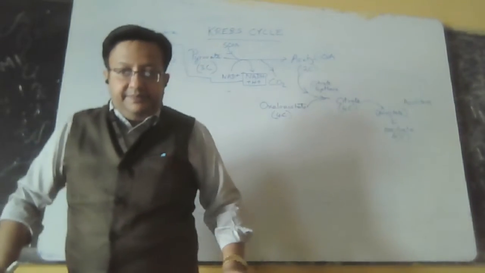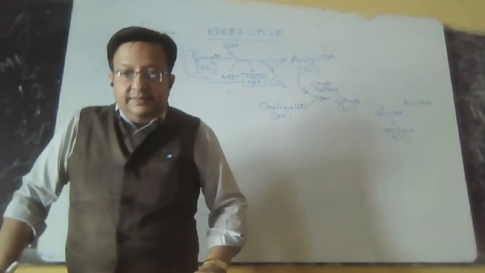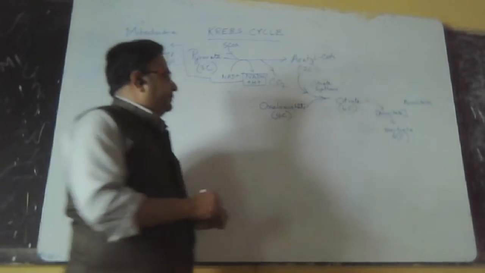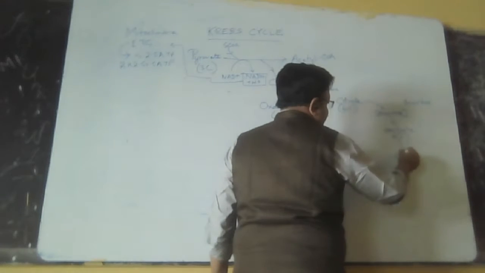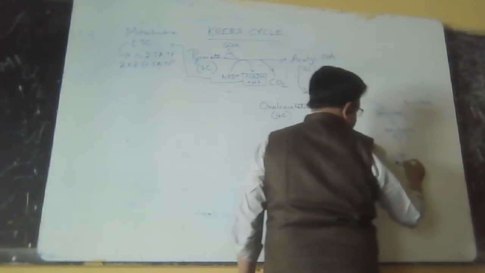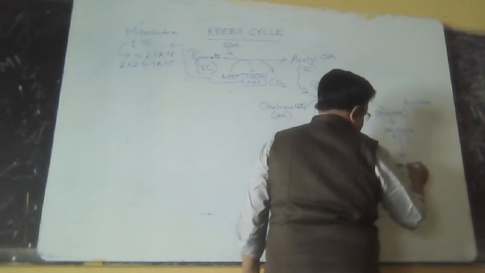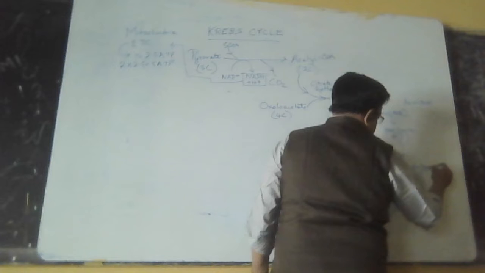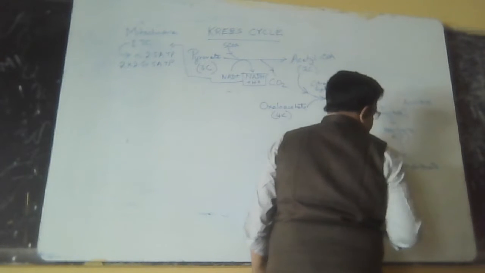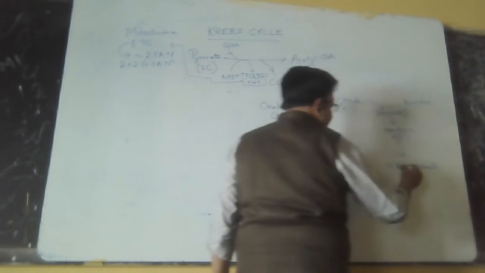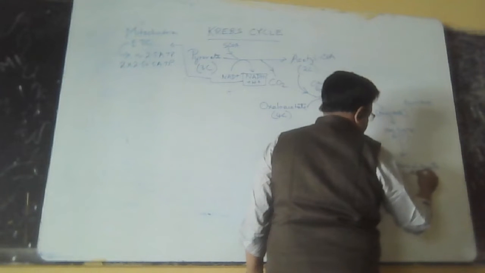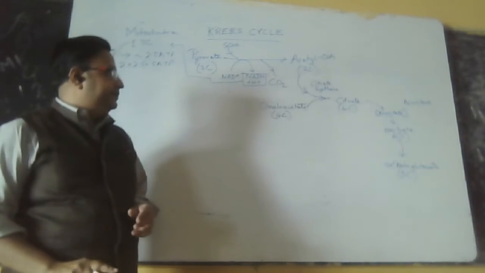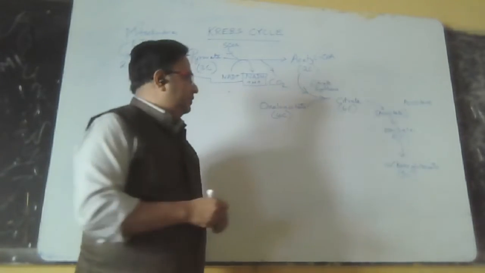In the next step, a very important compound known as alpha ketoglutarate is formed, and this is a 5-carbon compound. Now, where does this carbon go?